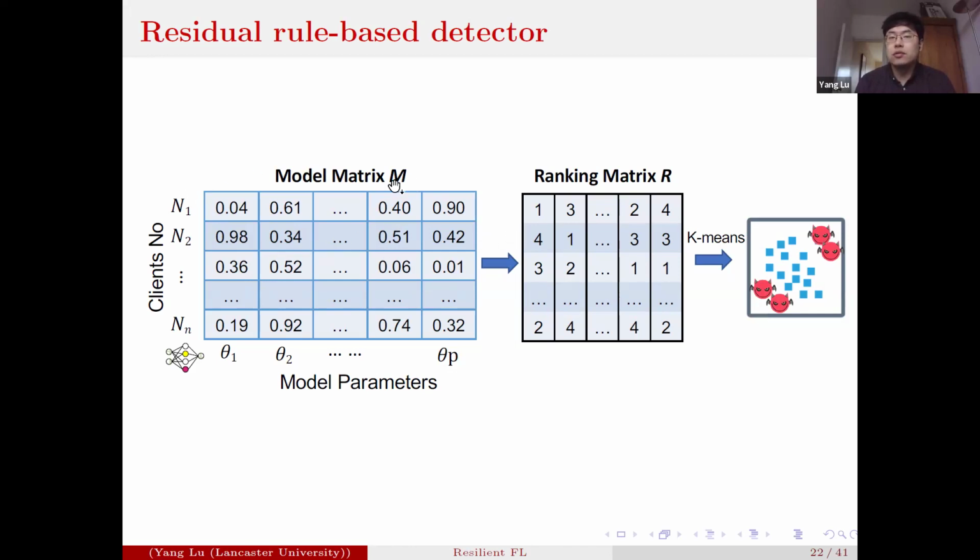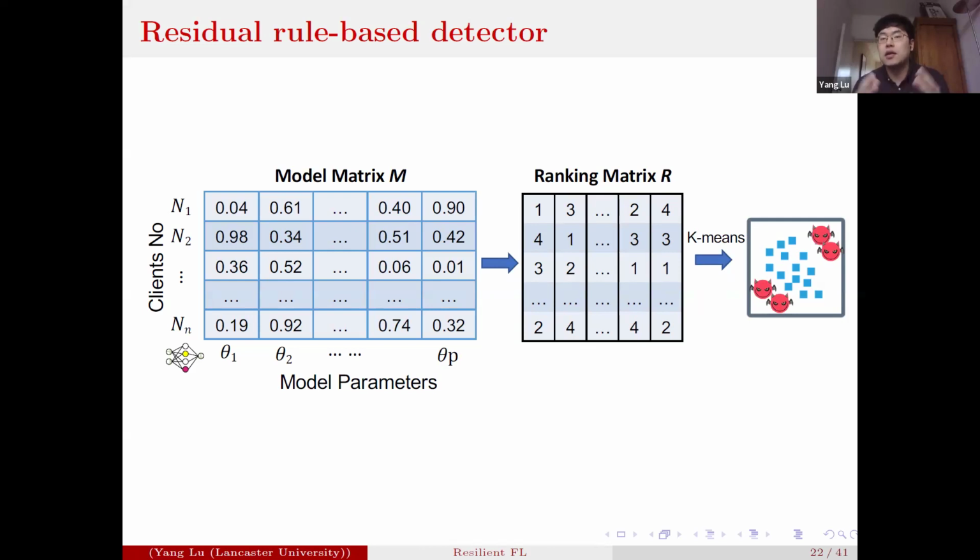And then we will just rank each row from the smallest to the largest. Then we have this ranking matrix. Then we will use k-means to do unsupervised learning, so that based on these ranking matrix rows, we can detect which rows are far away from the majority of the rows, the majority of the local models.